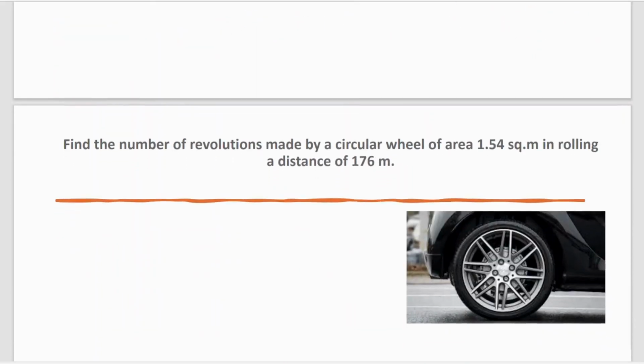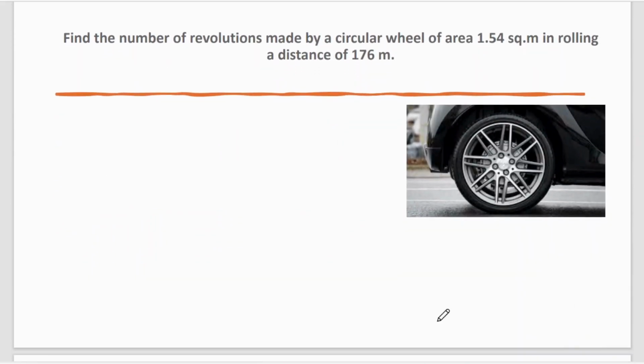Okay. The first question for you is: find the number of revolutions made by a circular wheel of area 1.54 square meter in rolling a distance of 176 meter. Now they have given me the distance that the wheel has covered, 176 meter, and they have also given me the area of this wheel.